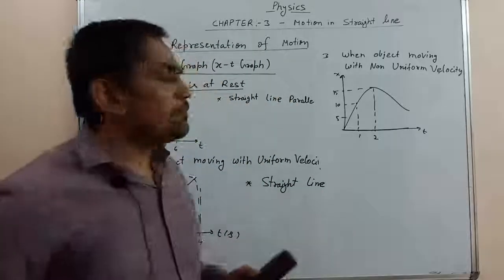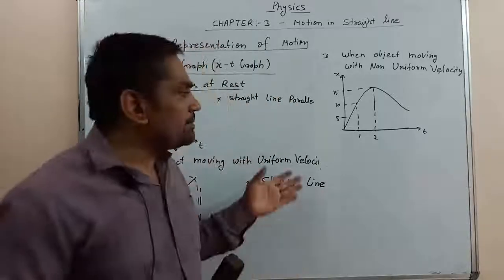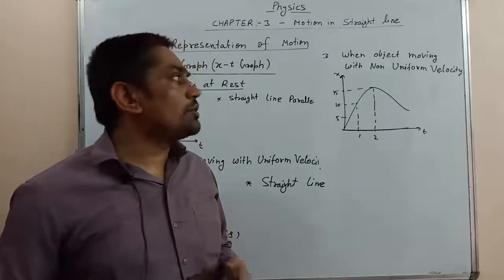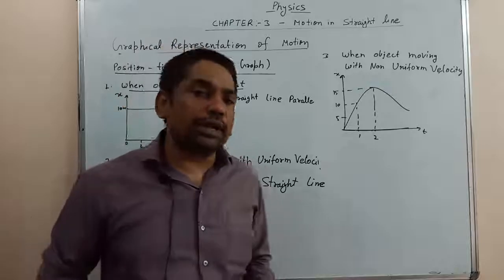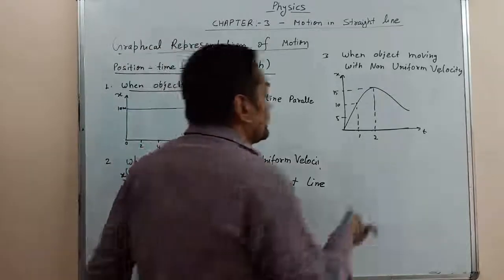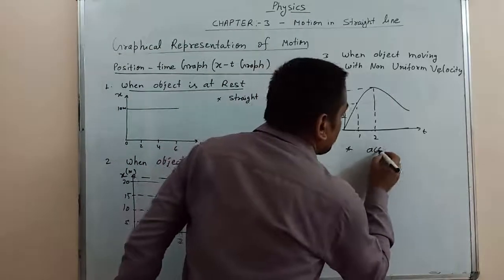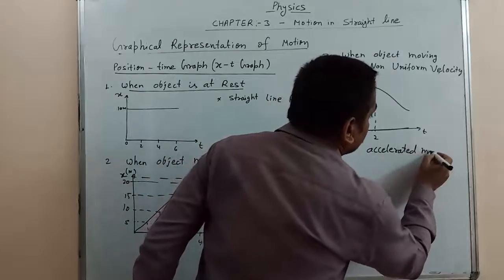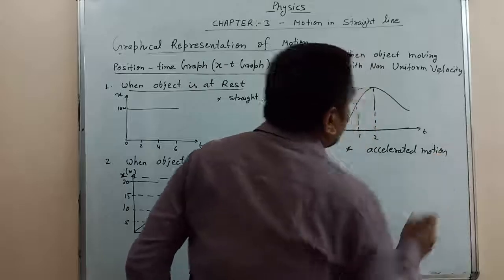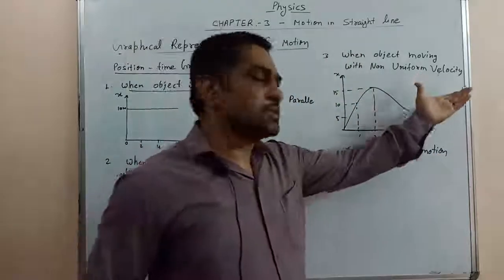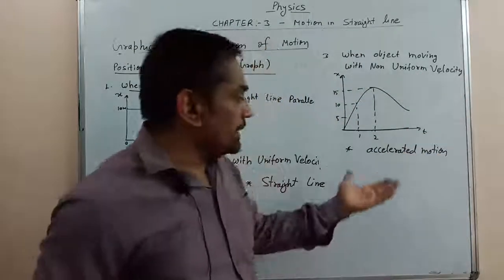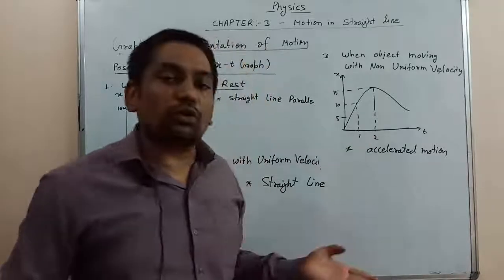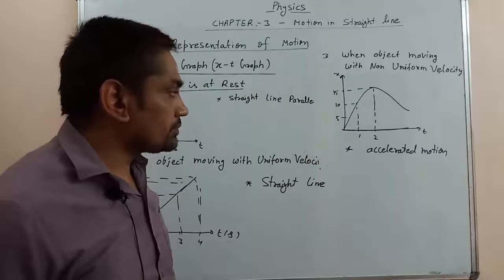A curved graph between displacement and time represents the motion of the object with non-uniform velocity, or we can say that this is accelerated motion. If the velocity changes with respect to time, the change in velocity with respect to time is called acceleration. So this kind of motion is also called accelerated motion.